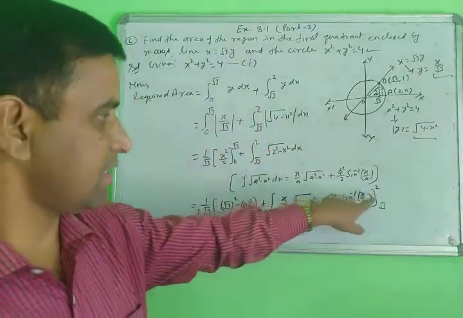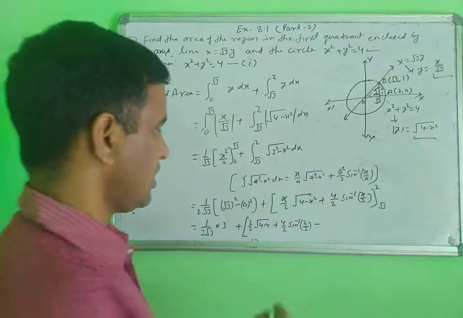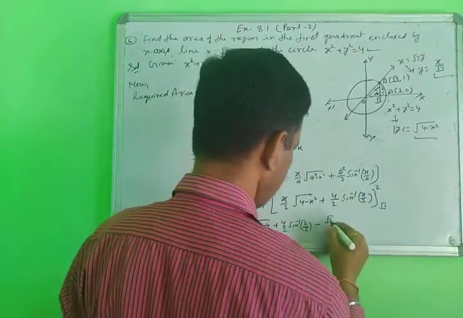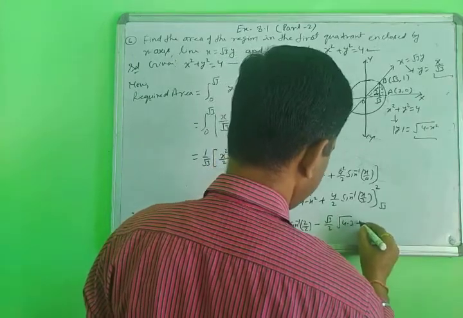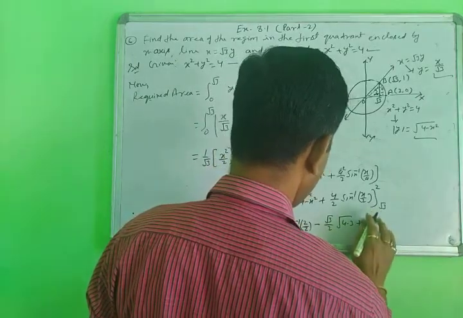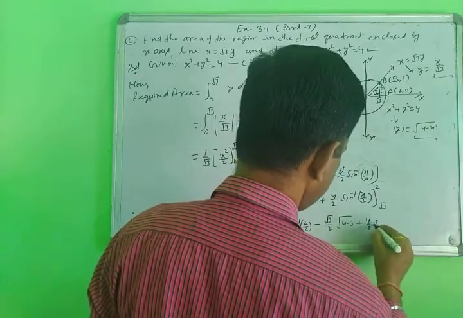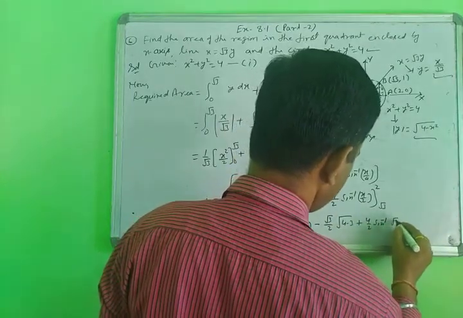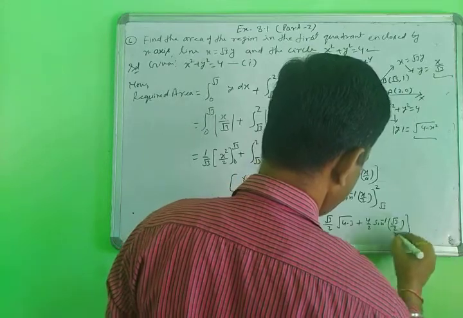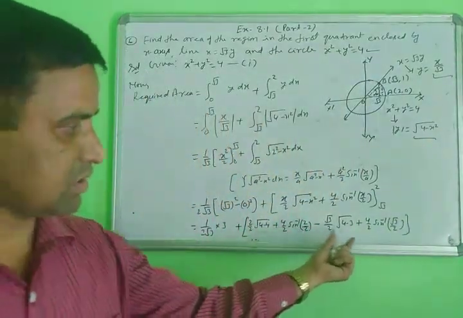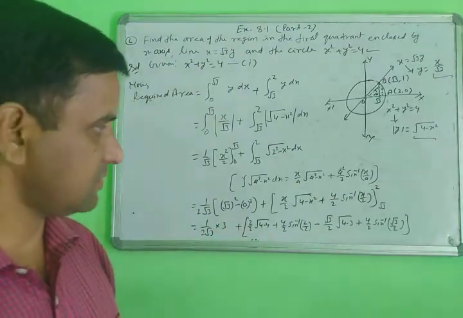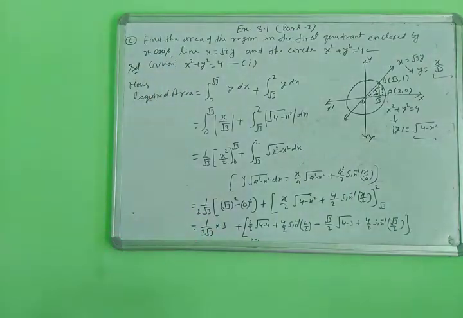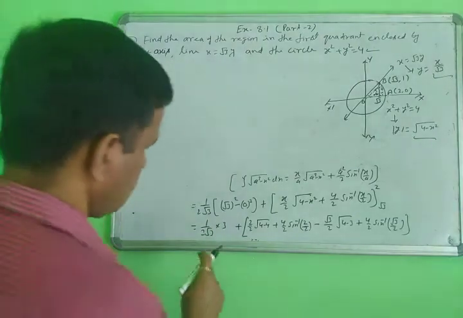The upper limit work is completed, then using the lower limit, root 3 upon 2, 4 minus 3 plus 4 upon 2, sin inverse root 3 upon 2. So this is the upper limit portion, this is the lower limit portion, and this is the first part. Yes, you note it down, then you calculate it.